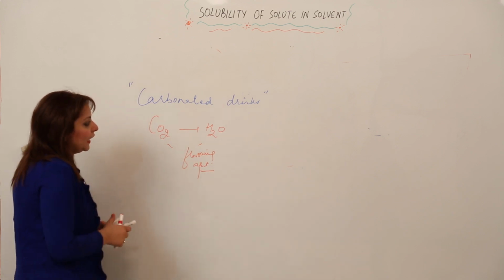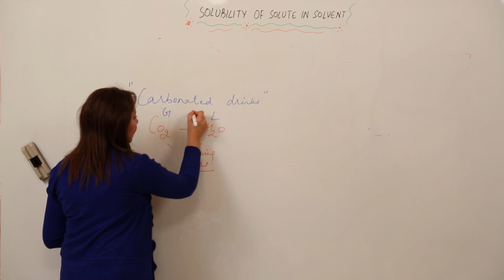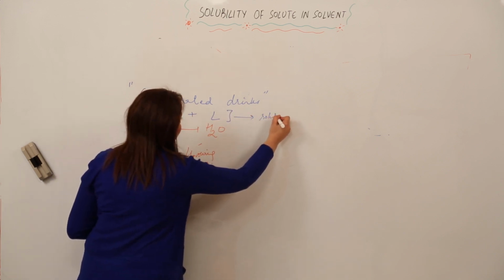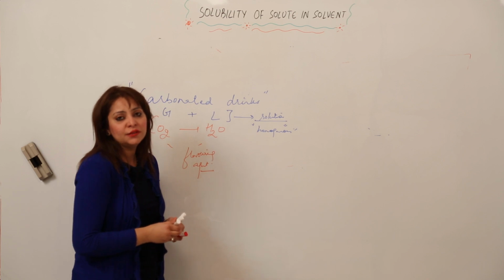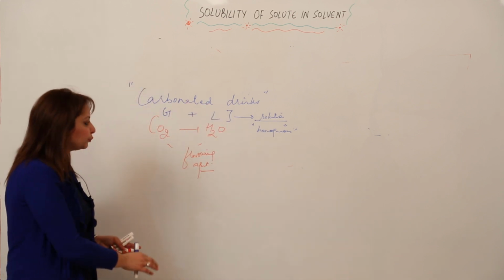So what happens in the carbonated drinks? That means the solute is gas and the solvent is liquid, and they both unite to form a mixture. A mixture comes under the category of solution, so obviously it is a solution, and it is homogeneous. That means we don't get to see different boundaries between the solute and the solvent, right? This you already know.